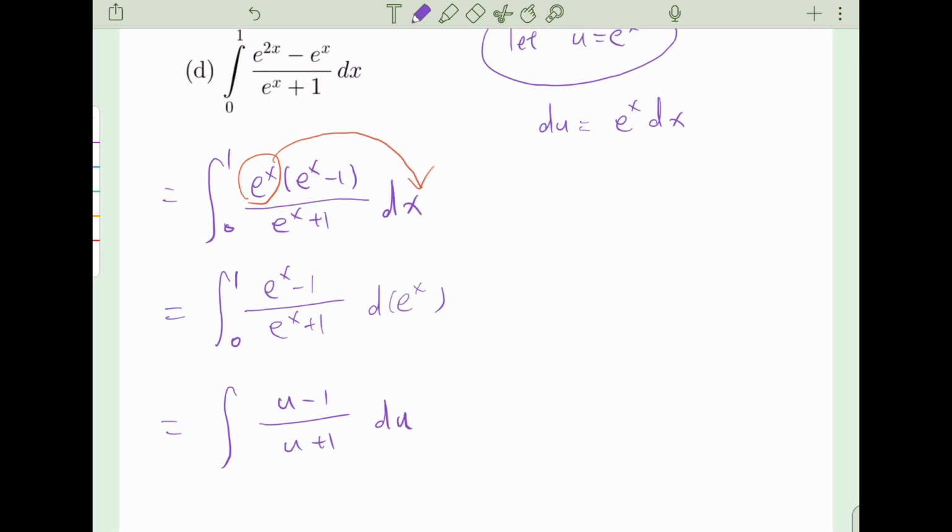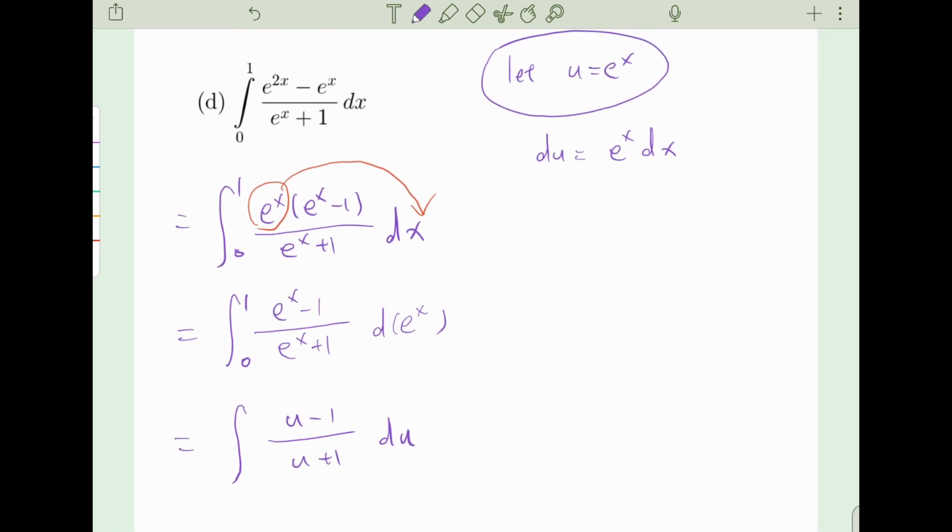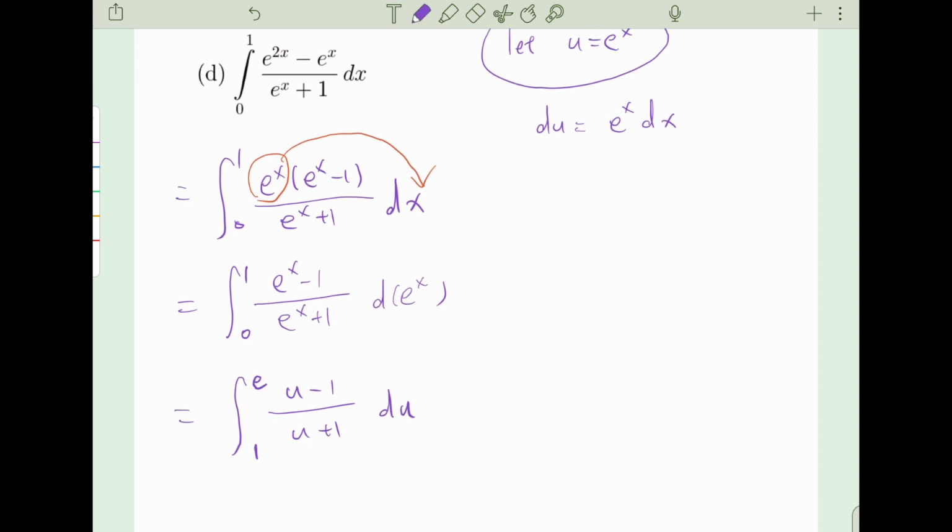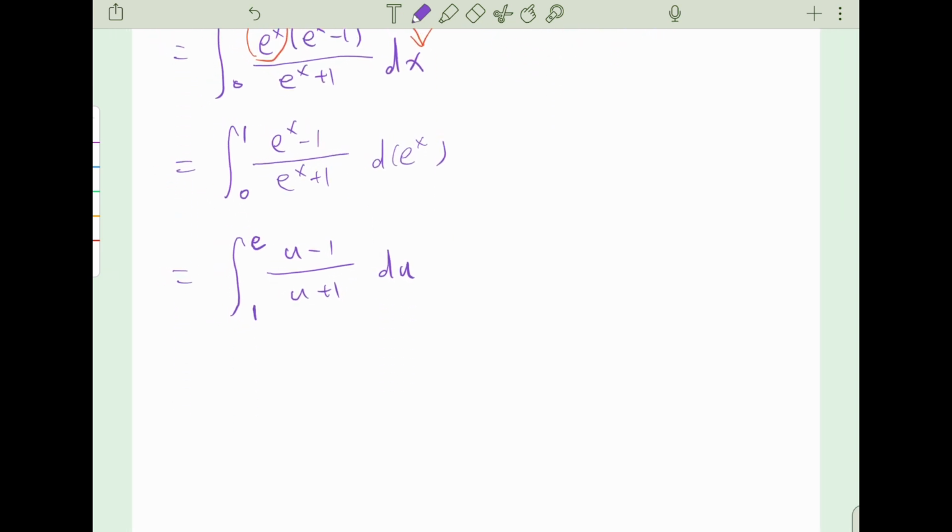My new lower bound is e to the 0, which is 1. And my new upper bound is e to the 1, which is e. Okay, so we figured this out. The next step is to split this thing.